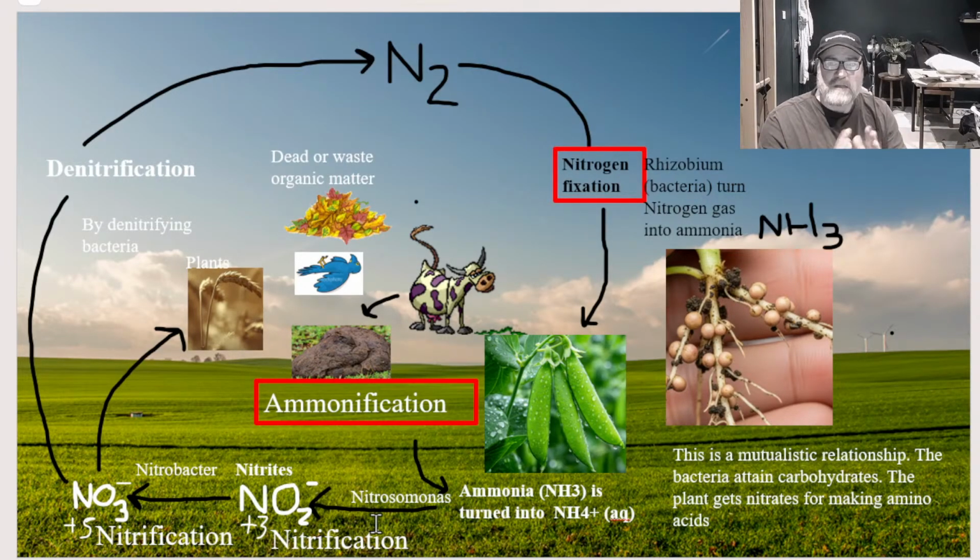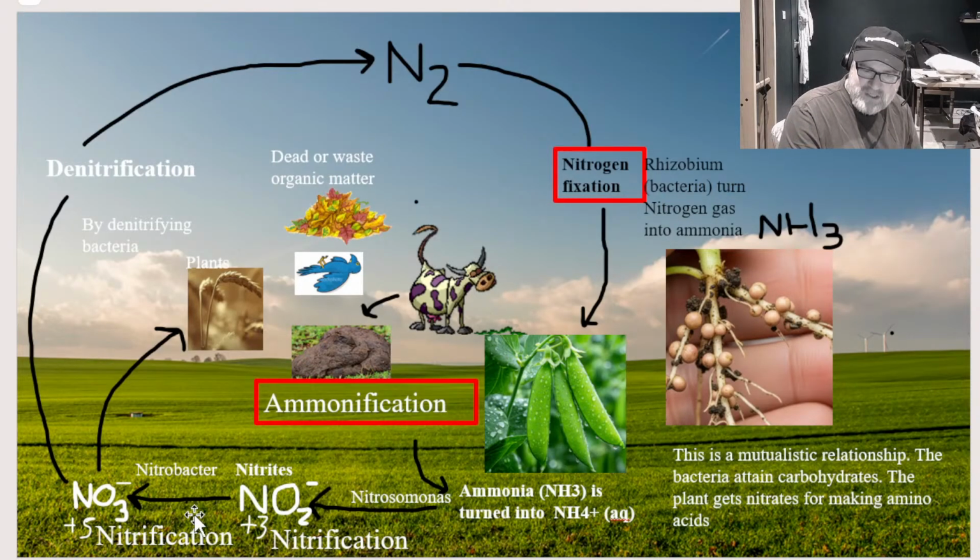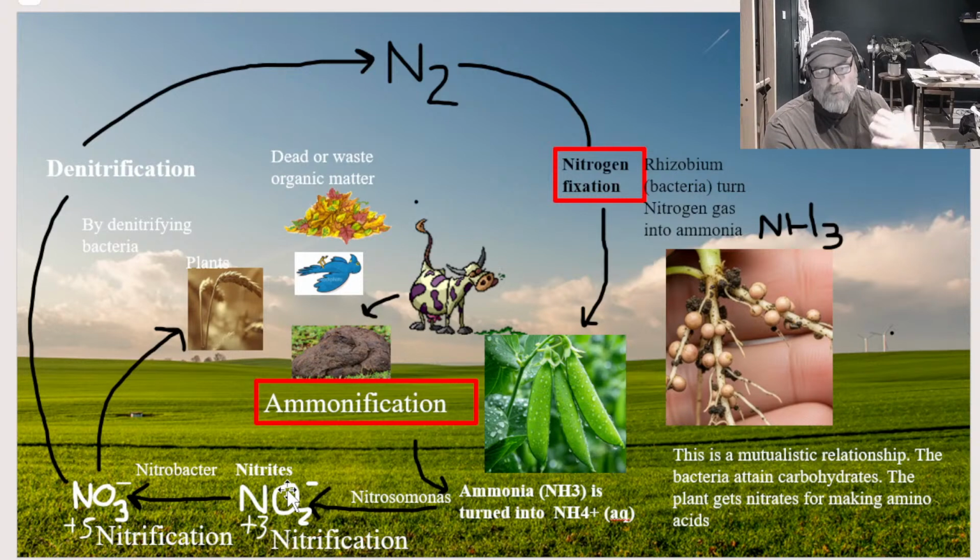So you do need to know that for your AO2. Any ammonia that is already in the soil, if you take away oxygen from the soil, i.e. flooded or waterlogged soil, no oxygen in the soil, these aerobic bacteria can't get the oxygen and they can't do oxidation, and so therefore you will not get a lot of nitrates.